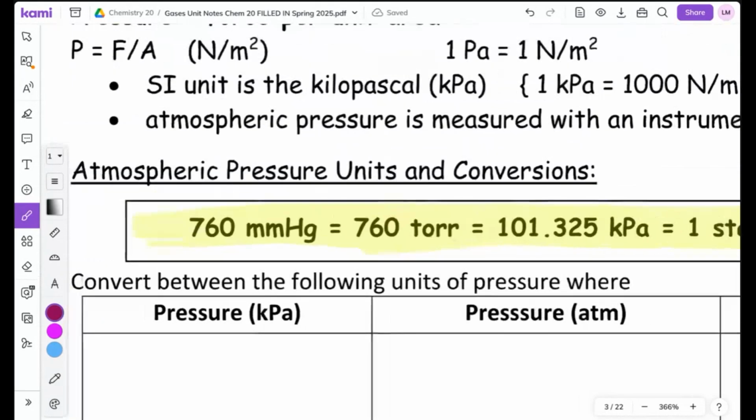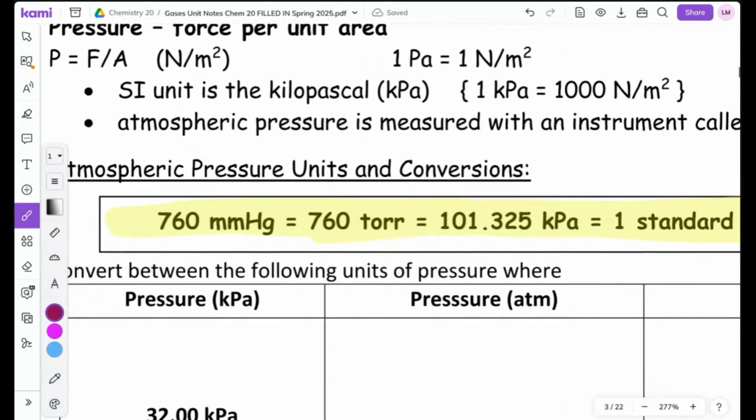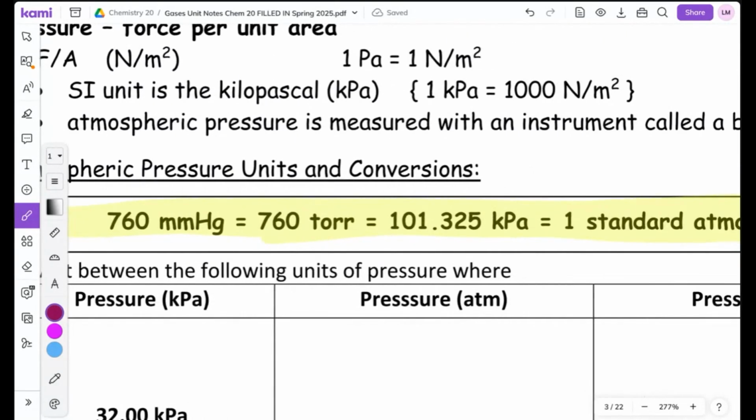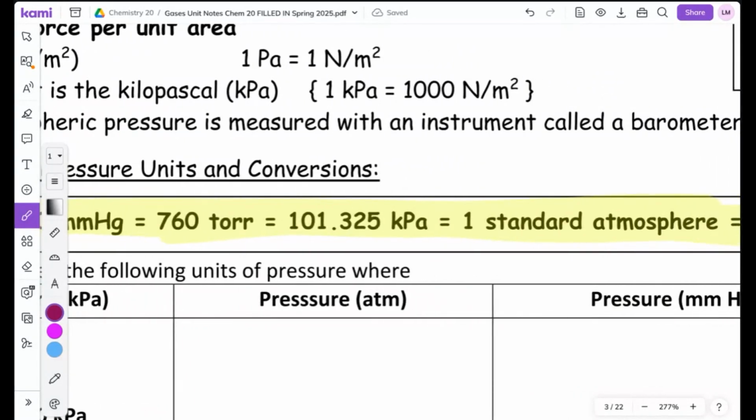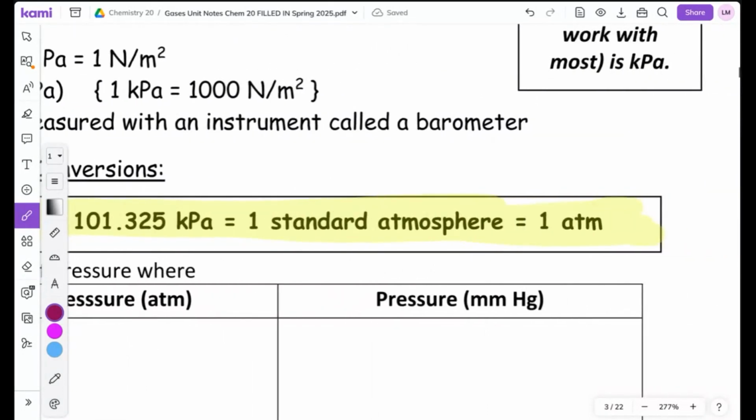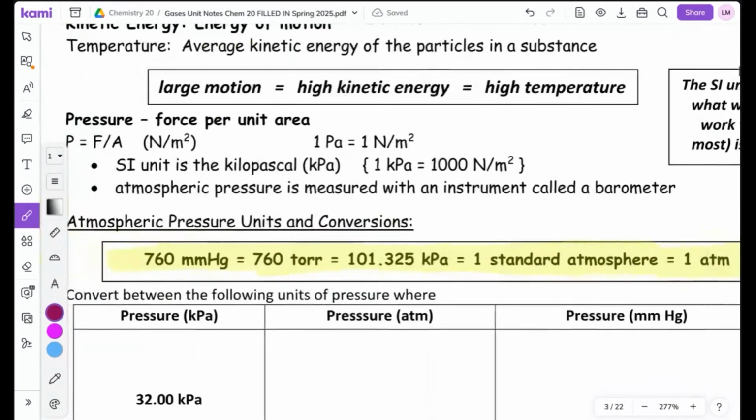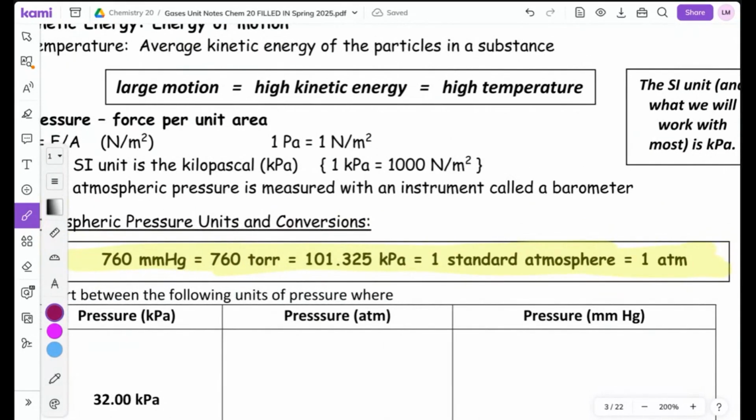That is a unit of measurement for pressure. So 760 millimeters of mercury is equal to 760 torr, which is equal to 101.325 kilopascals, which is equal to 1 atmosphere, or 1 standard atmosphere. These are important numbers that you're going to want to know or at least be able to find.